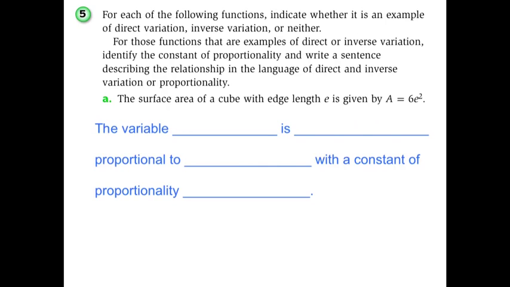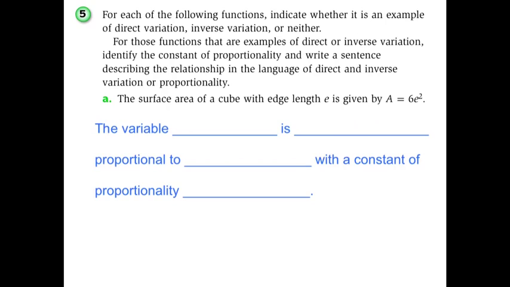Part A says the surface area of a cube with edge length E is given by A equals 6E squared, where A is the surface area and E is the length of an edge.